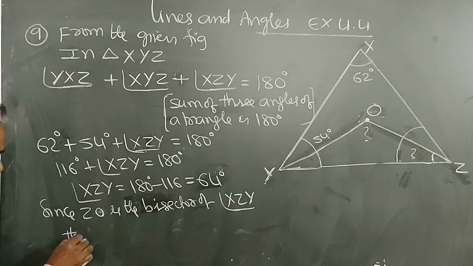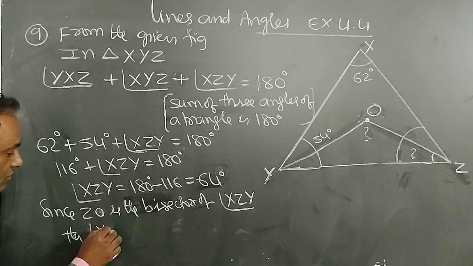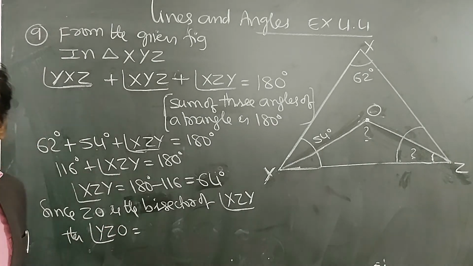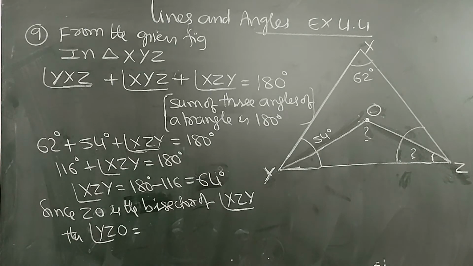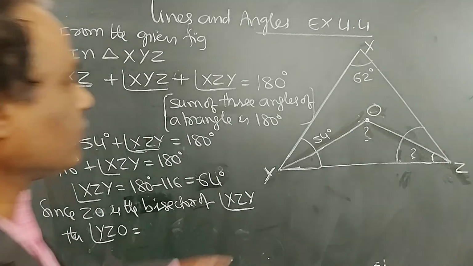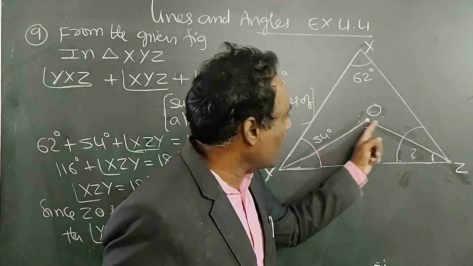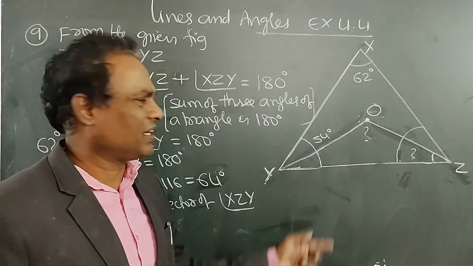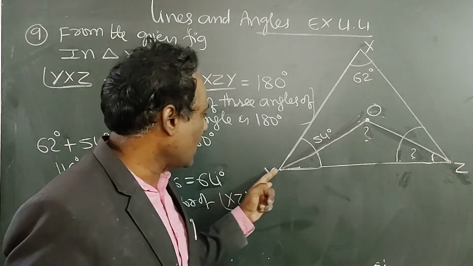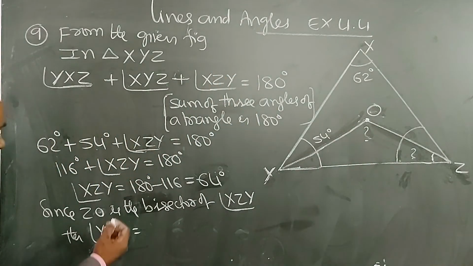So angle YZO, or OZY. We can call it YZO or OZY. Anyway we can represent it either way. OZY is written in the question.